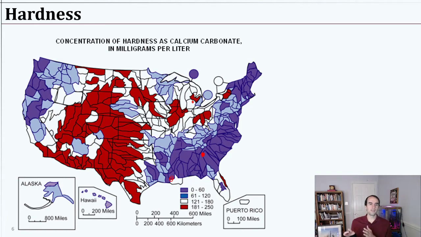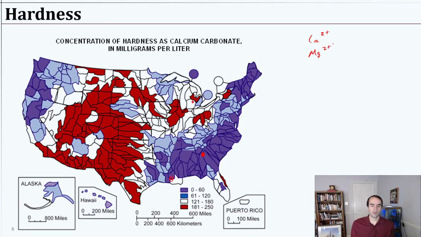A lot of it is using manipulation of solubility and of these reversible reactions, these equilibrium reactions. By manipulating some things, you can cause things to precipitate. Calcium and magnesium are usually what we're thinking of when we're talking about hardness.